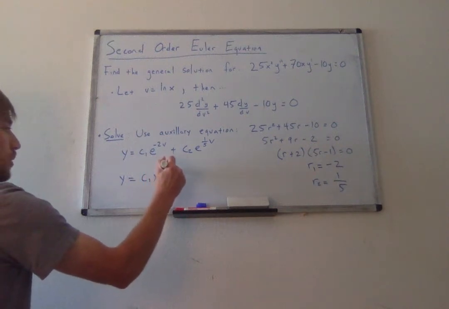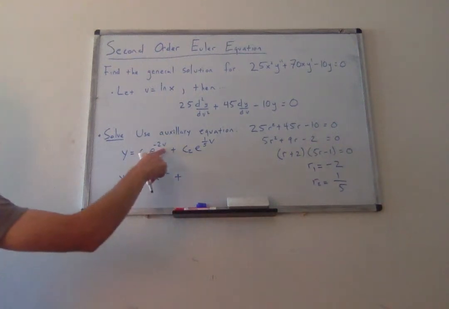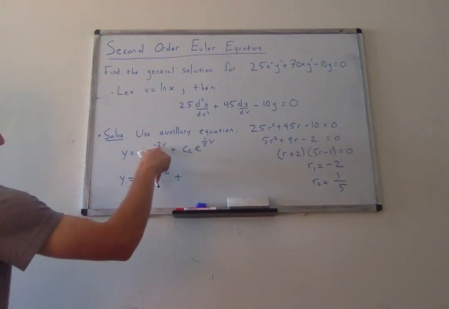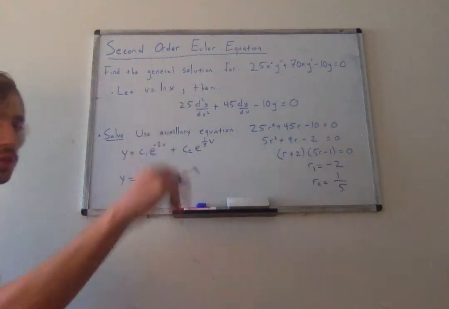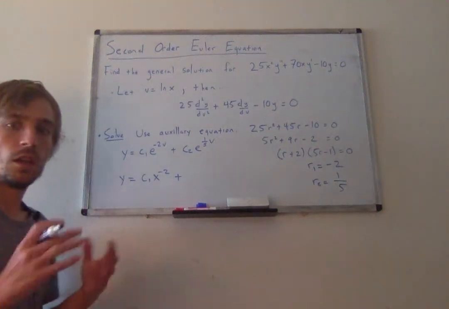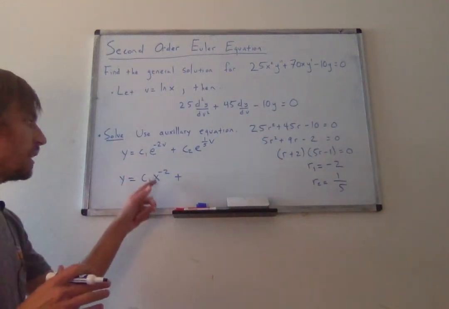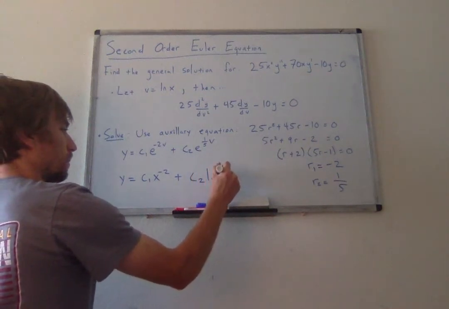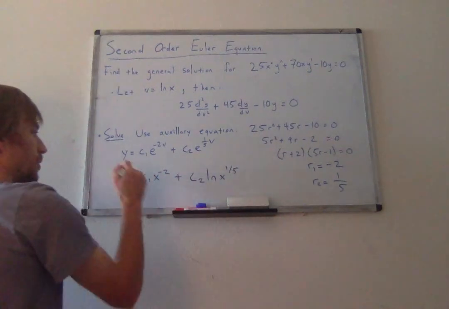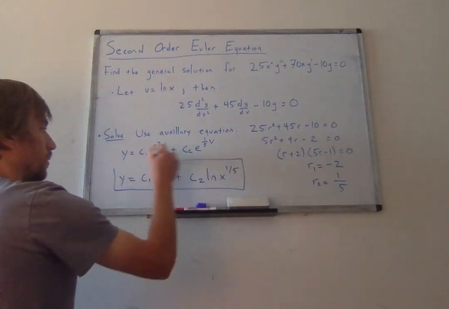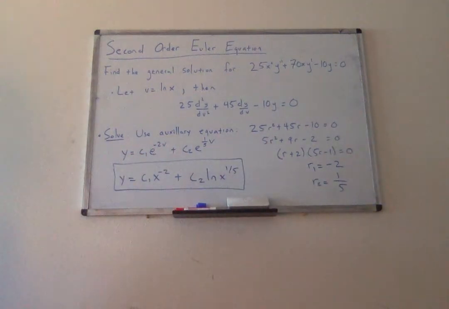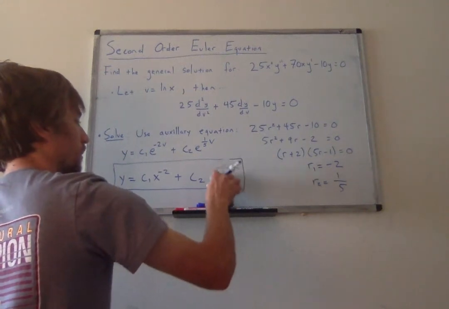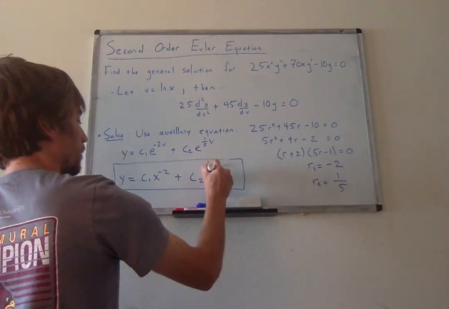And actually doing so, you could then do a little bit of simplification, right? Because we put an ln x here, you get negative 2 times ln x. You could bring the negative 2 up. Then the e and the ln would cancel out. And so you'd get this as your general solution. Oh, sorry. There shouldn't be an ln there. C2 times x to the 1/5.